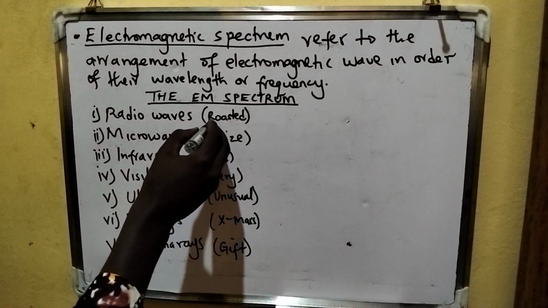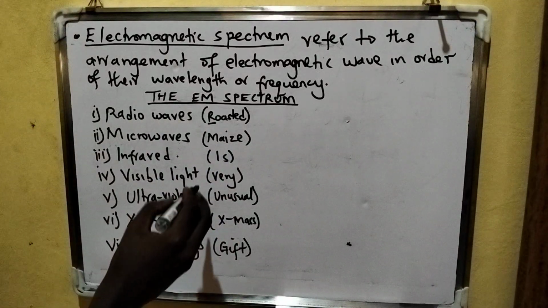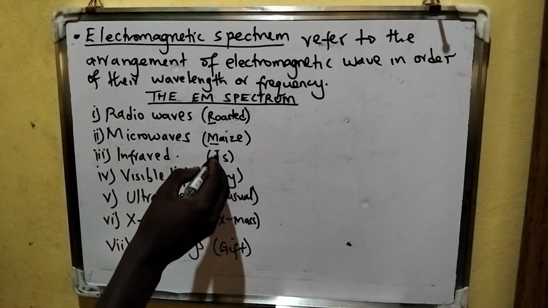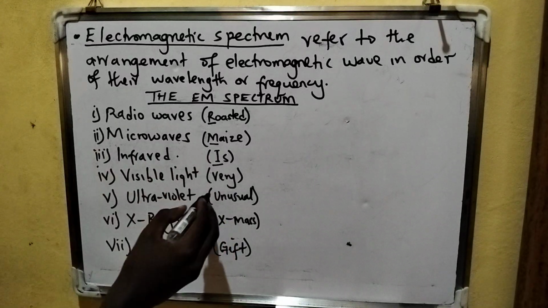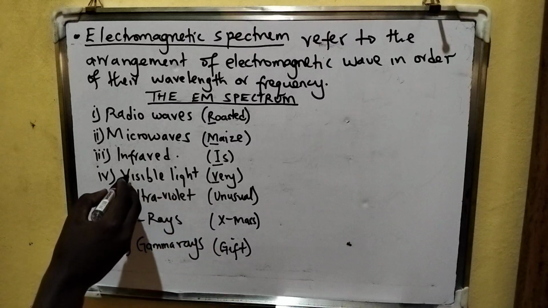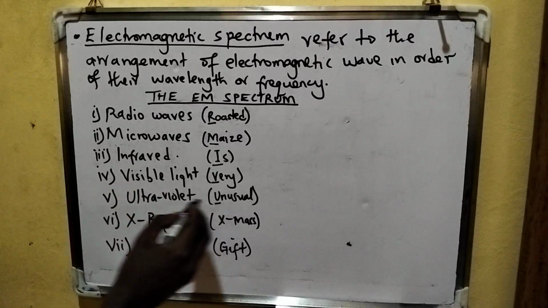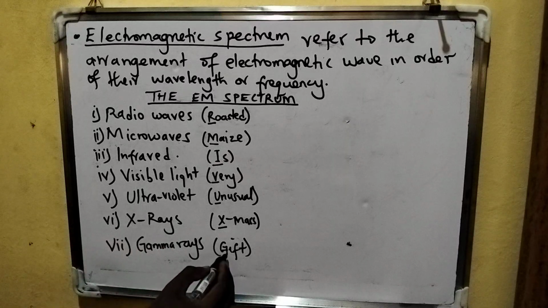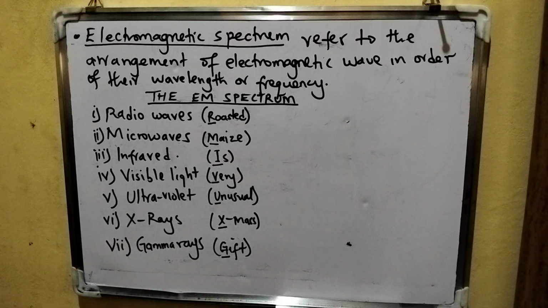The initial letters: R is for radio waves, M here is for microwaves, I here is for infrared, V here is for visible light, U here is for ultraviolet, X here is for X-rays, and G here is for gamma rays. So roasted maize is very unusual Xmas gift.